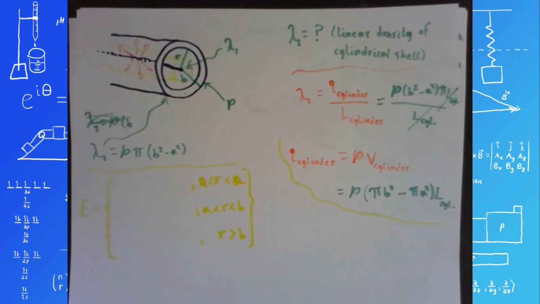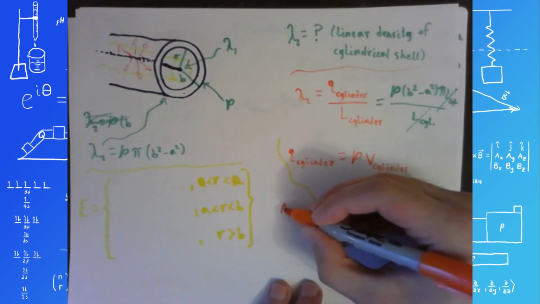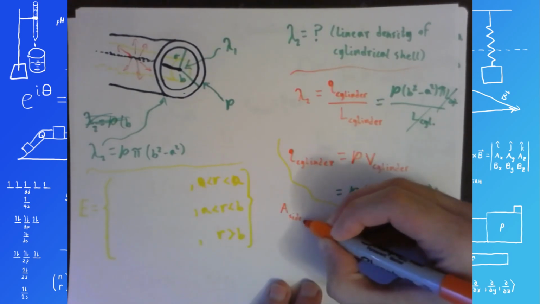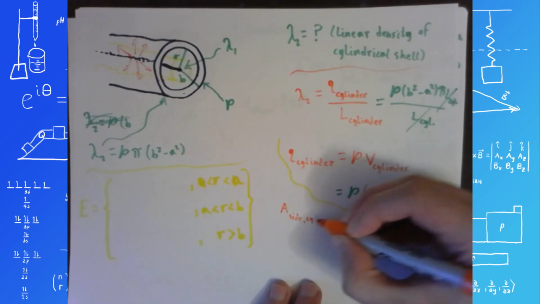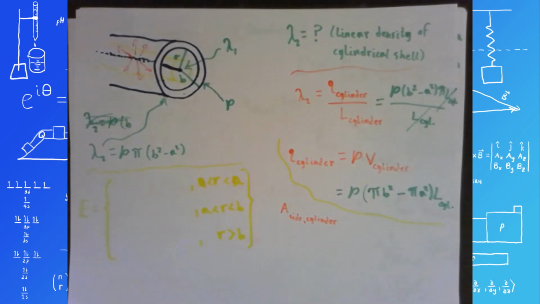That leaves me with just the side surface area, and the side surface area of a cylinder is what again? It's going to be 2 pi r times the height, or in this case 2 pi r times L. And how do we know that?